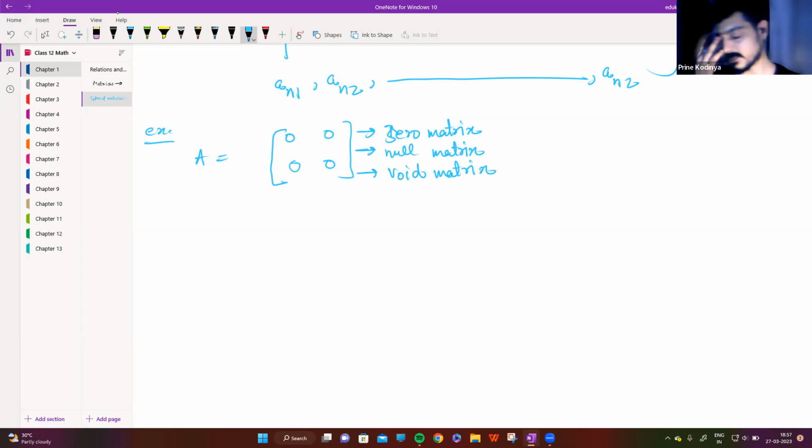So all such matrices in which all the elements are zero, it doesn't matter whether the matrix is square or rectangular or row, column, whatever the type or order, if all the elements of the matrix are zero, then you can say that matrix is a zero matrix. Right? But still, this is not a diagonal matrix.